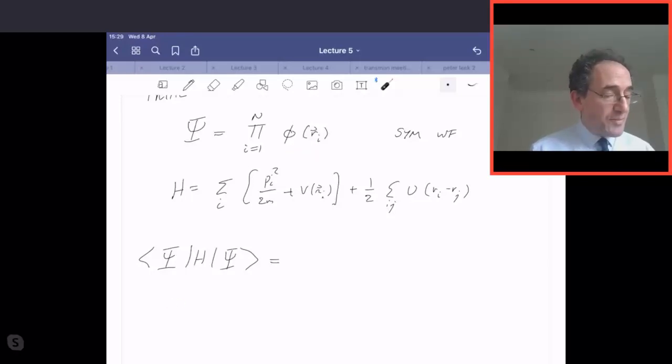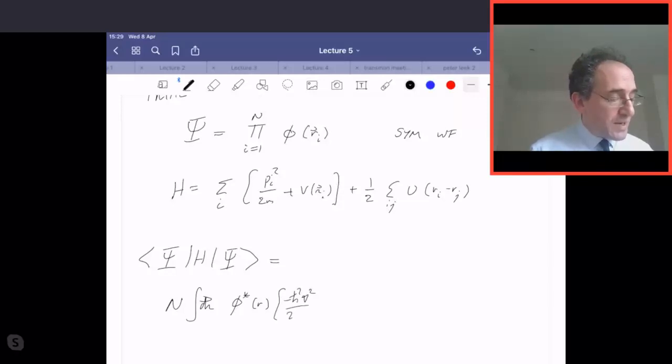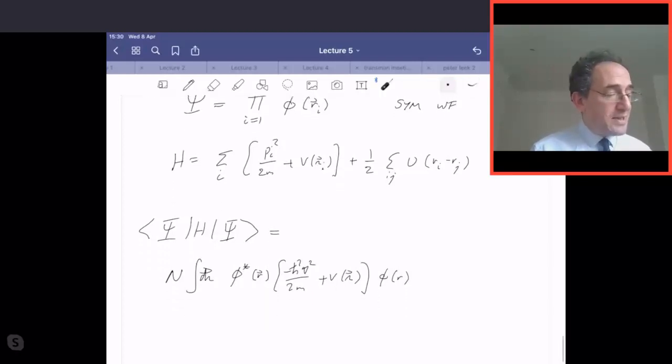So the single particle piece is just N times the integral dr of phi star of r, then minus h bar squared del squared over 2m plus V of r, times phi of r. So N particles all with the same single particle kinetic energy, and then the interaction term.